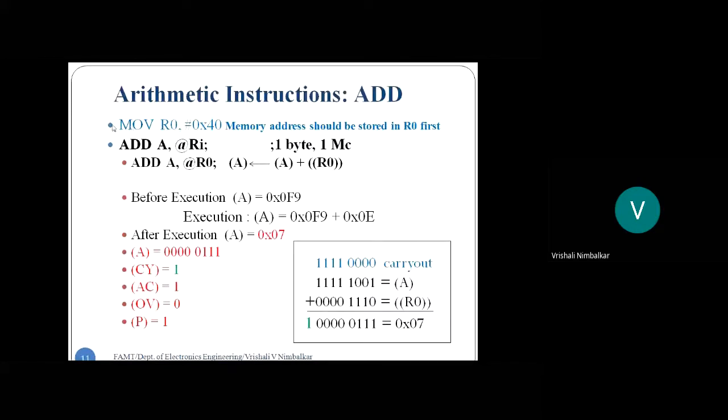You should have written MOV R0, hash 40 hex. It means this number will be stored in R0. And what is that number? It's the address of that memory location. Okay, so before writing this, be sure R0 is having the correct memory address. And how to store the address? Hash and the address number.